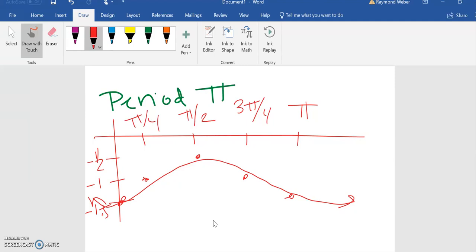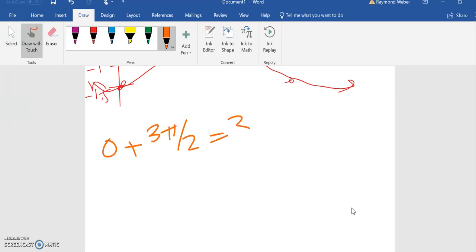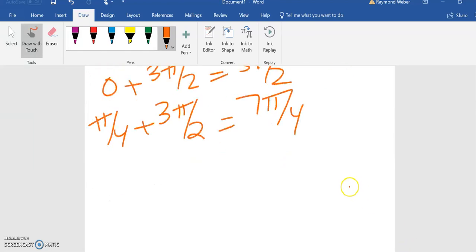The last thing I have to adjust for is my phase shift. So each of these points up here, I need to add 3 pi over 2 to. So I have 0, because that's one of my 5 points there, and I'm adding 3 pi over 2, so that was nice and easy. Then I have pi over 4 plus 3 pi over 2, so that's going to make that 7 pi over 4. Got to make those common denominators.